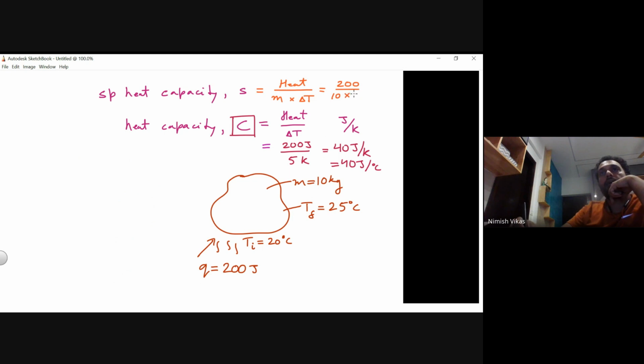So if you divide by 5, you get the specific heat capacity, which comes as 4 joules per kg per degree Celsius or per Kelvin. Is that clear, guys? If you have any doubt in the two terms, you ask me, because I'll give you only one question today.